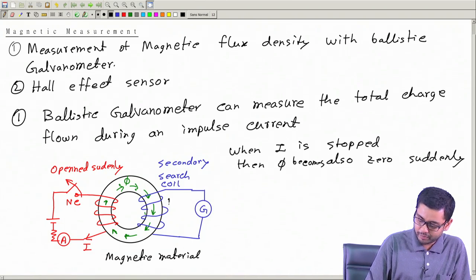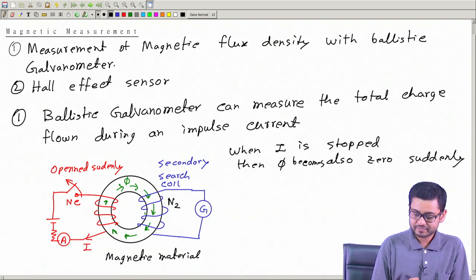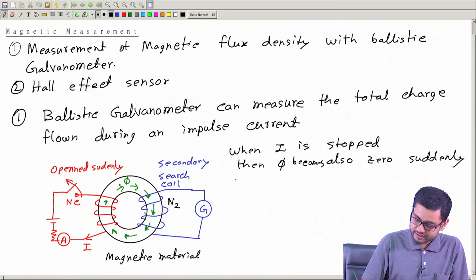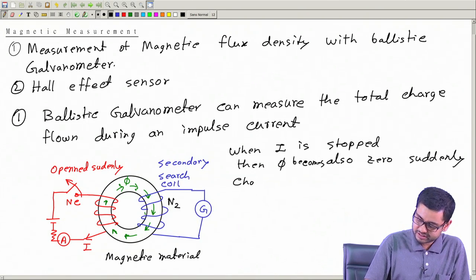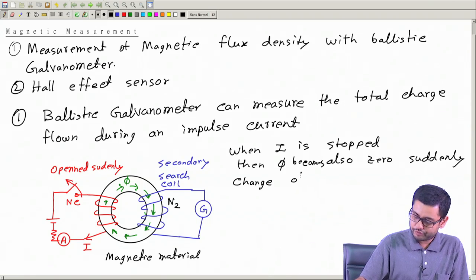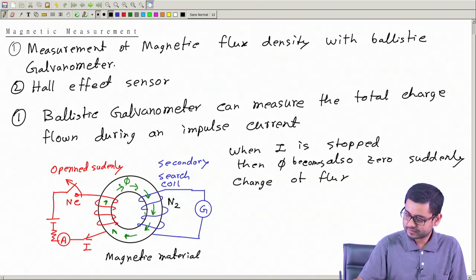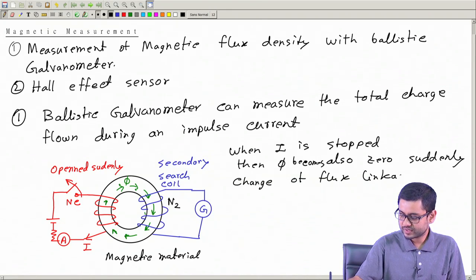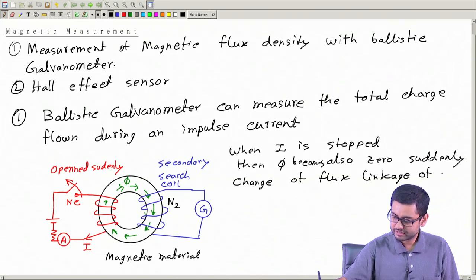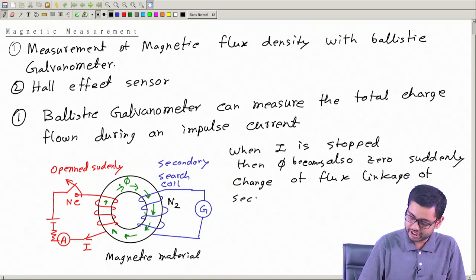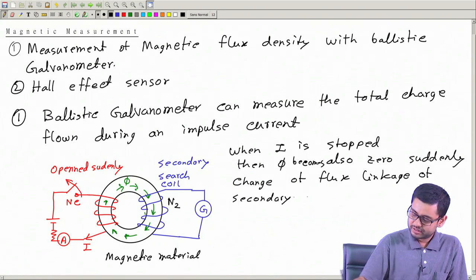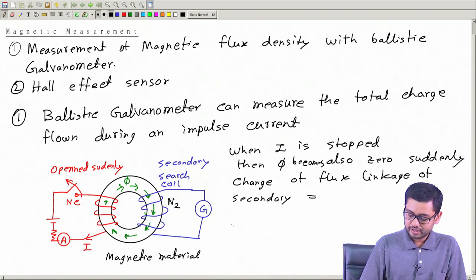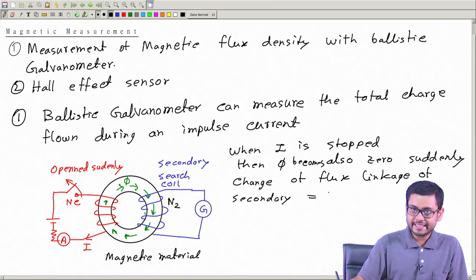If the number of turns is N2, then the change of flux linkage of the secondary or surge coil is equal to how much? This will be initial flux linkage minus final flux linkage.